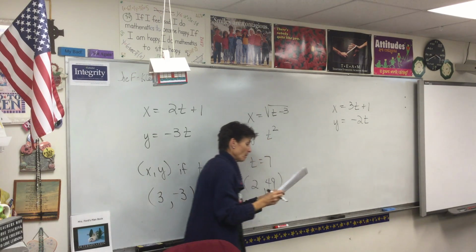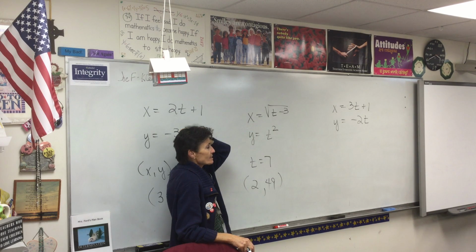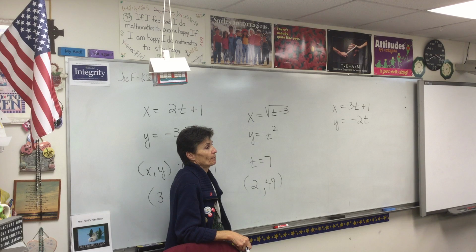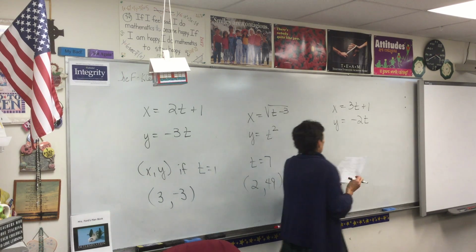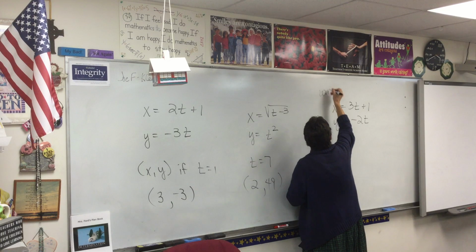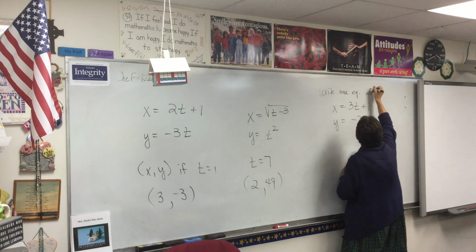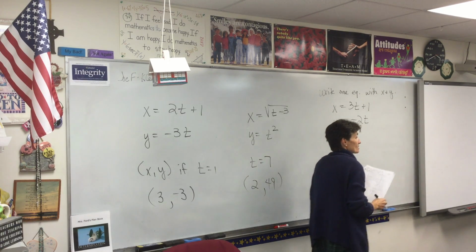Alright, so now I'm on to part 5. And it says find a direct algebraic relationship between x and y. What that means is write one equation with x and y as your variables.